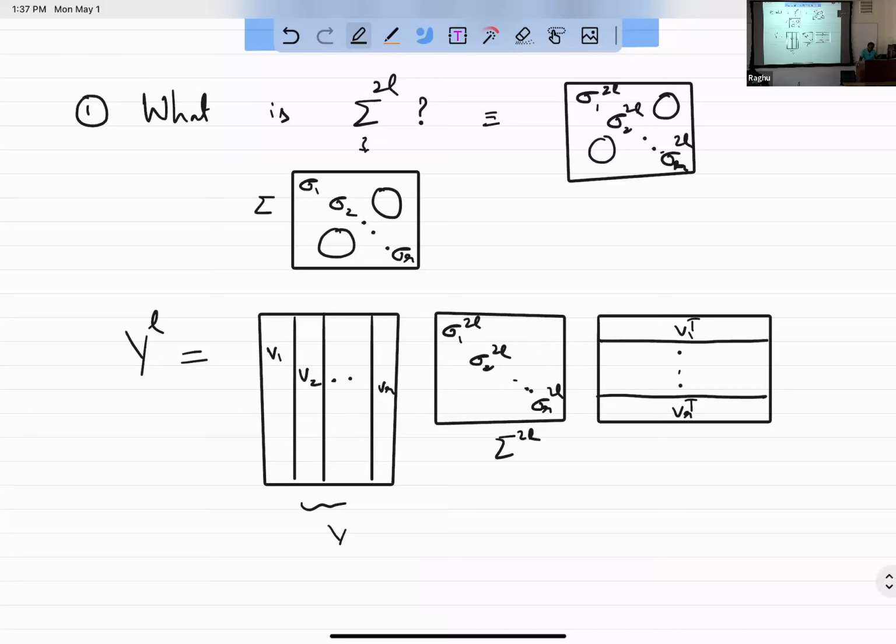As I said, when you have a diagonal matrix sitting in between, V1 is only going to interact with the first row. The first column will only interact with the first row.